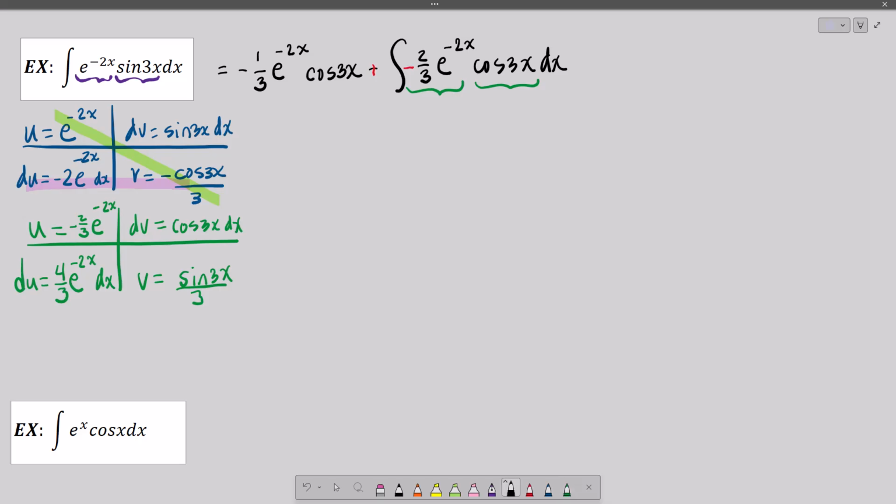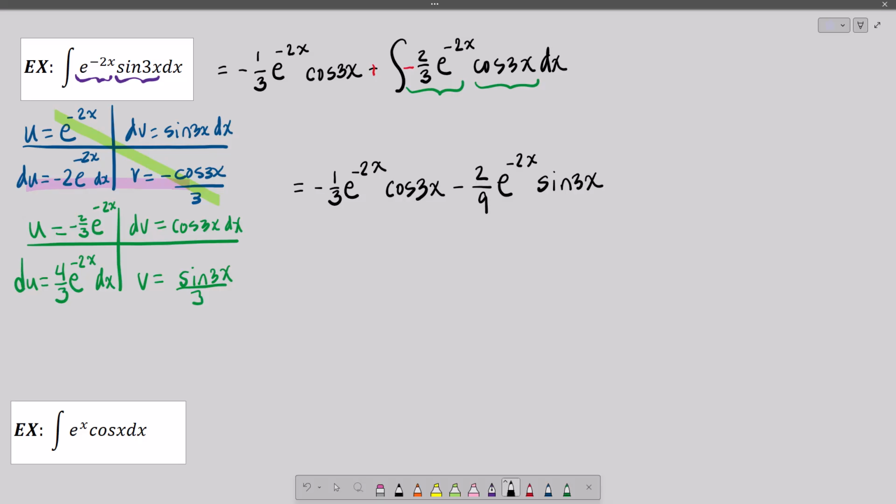So now we have our leading function, and now we're going to do our uv minus the integral of v du. uv is negative, so u times v is going to be negative 2/9. If we look at the coefficient, the numbers first, and then we have e to the negative 2x, and our trig function is sine.